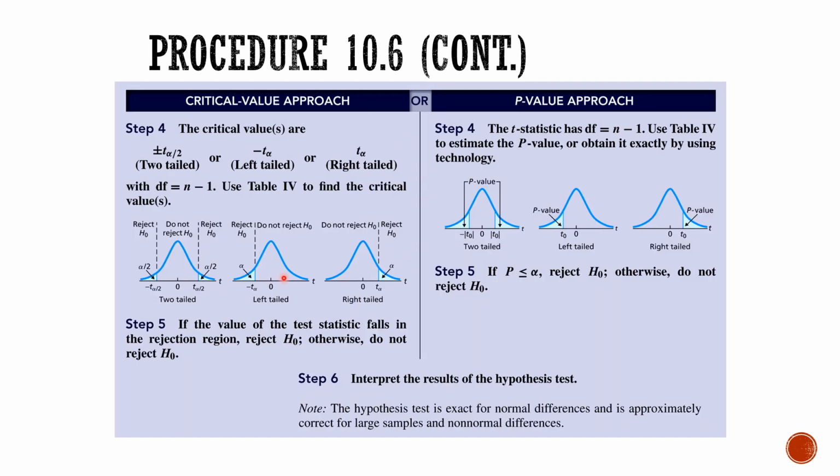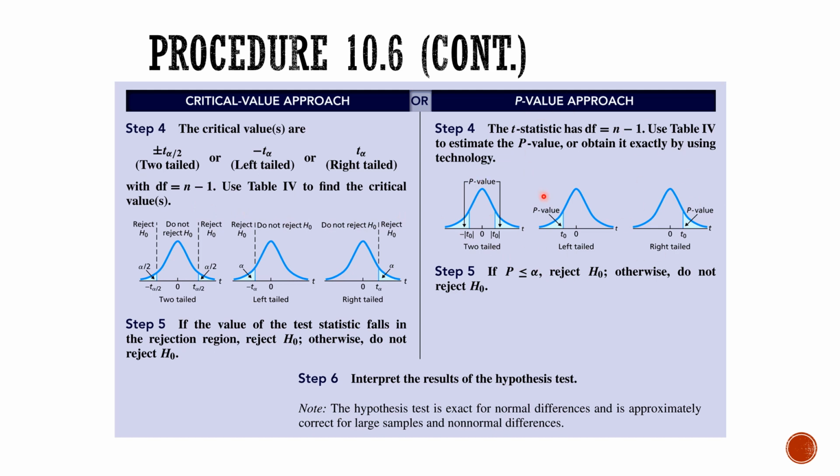And then once we find our evidence, we use these approaches: the critical value approach, where we define our reject and do not reject regions. We find the critical values and we use the t distribution, and the df that we use is n minus 1.